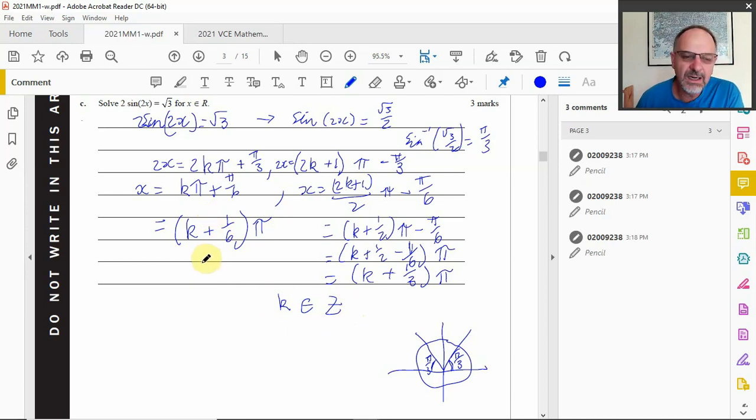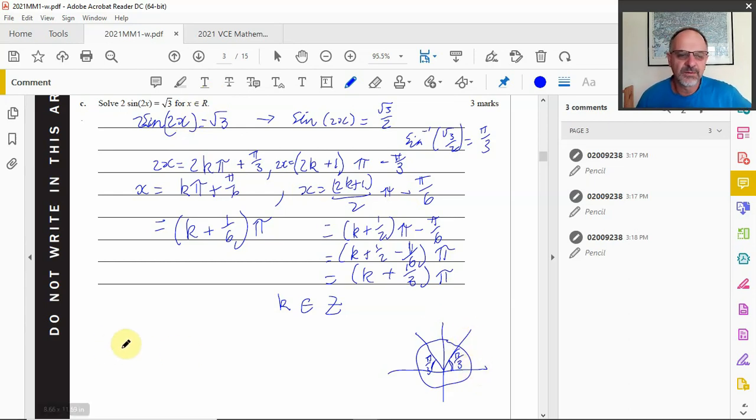All right, there's how we would do that, 3 marks. So there's a significant amount of working, which you can see. But the key things: x is an element of R, so we're wanting all angles, not just the ones in one rotation of the unit circle. And so then we need to use these general formulas, which you can remember or you can work out like I did.